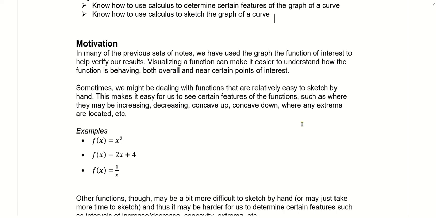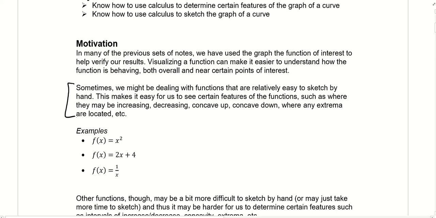Whenever we're talking about a function in the real world, usually it's a function that has some sort of use to us, whether it's describing the movement of a particle or the features of some sort of financial graph or something like that. We're interested in describing the features of the function because the function means something to us.